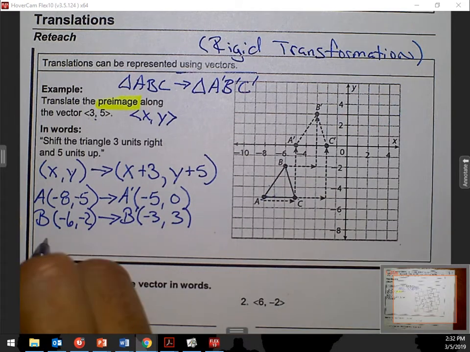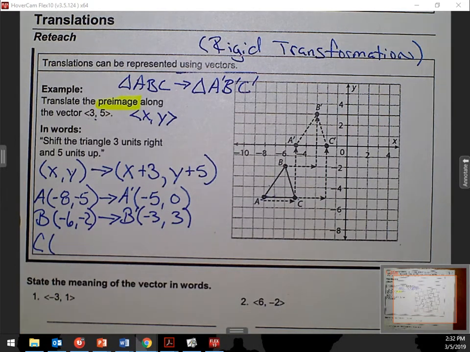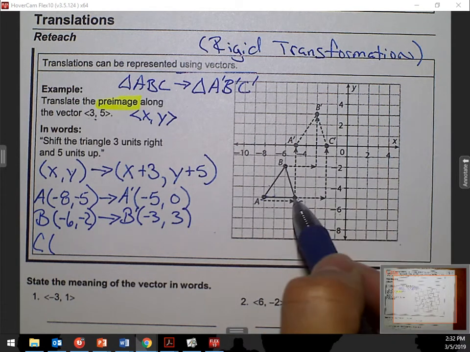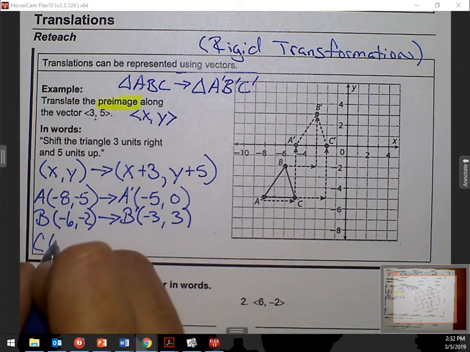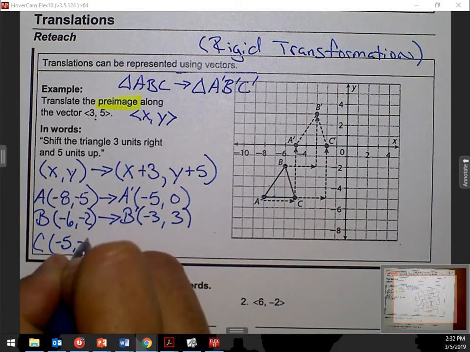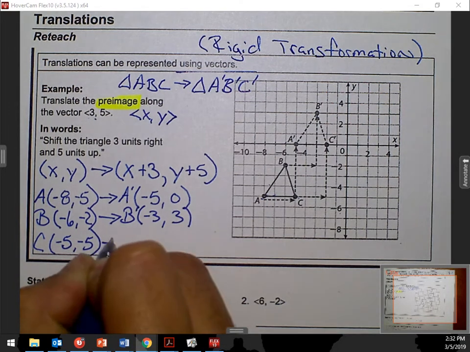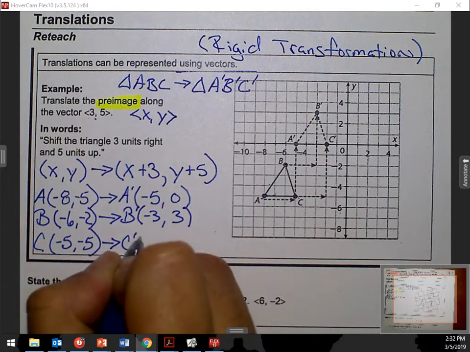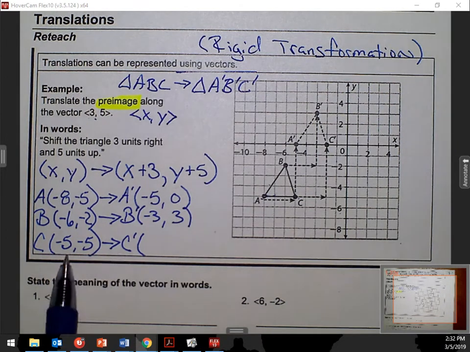Alright, let's do it again. So last one is going to be my C. Where is C located? Negative 5 and negative 5. So I'm going to call this one my C prime. Let's go ahead and do my math.